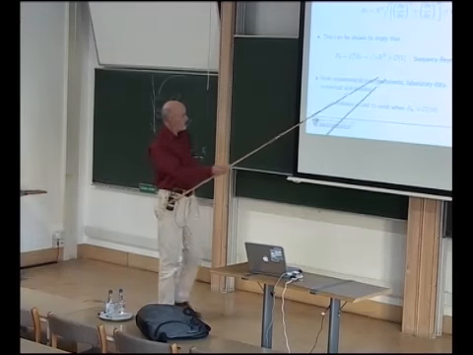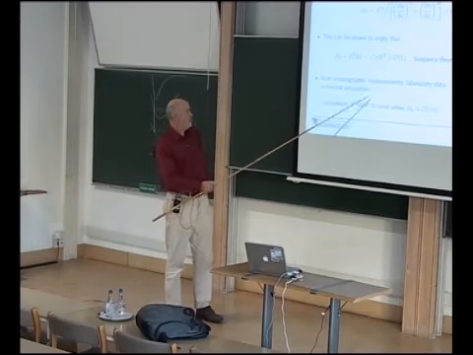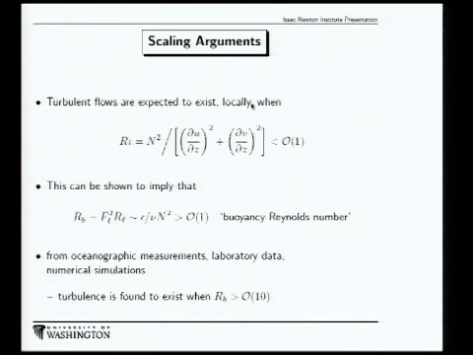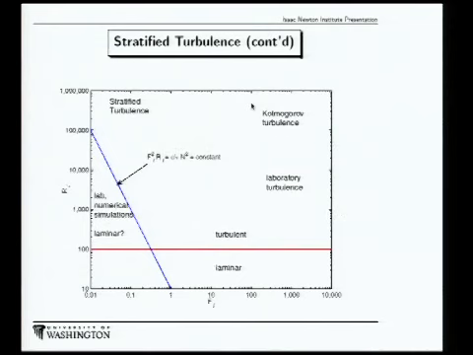They form the zigzag instability, and it only breaks down three-dimensionally when this is the case. So anyway, this says order 1, but if you look at ocean measurements, lab data, and numerical simulations, the number seems to be more order 10, and people like Bill Smyth quote 40, a number in that range.